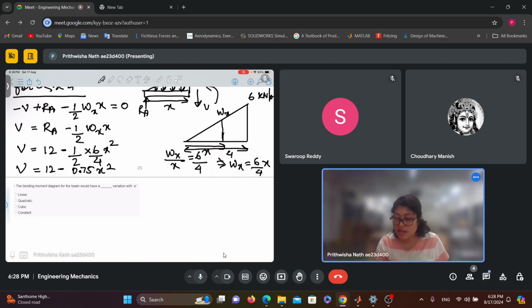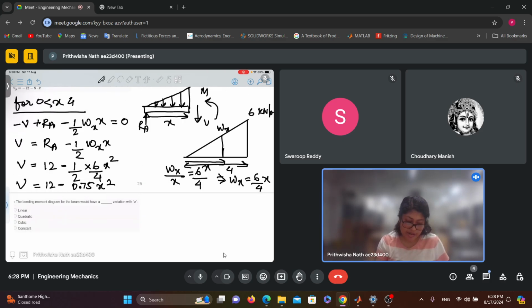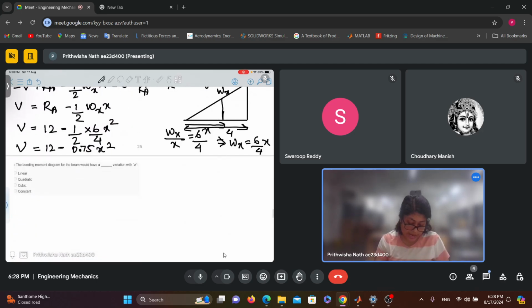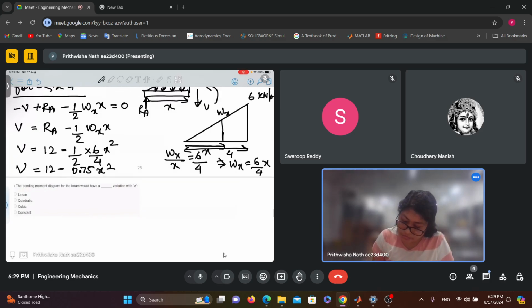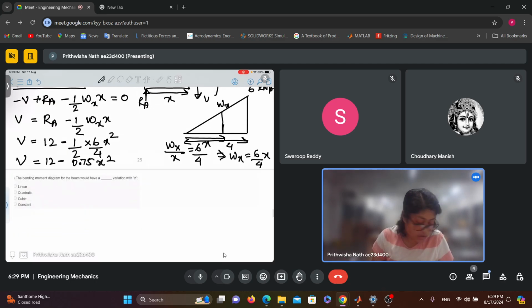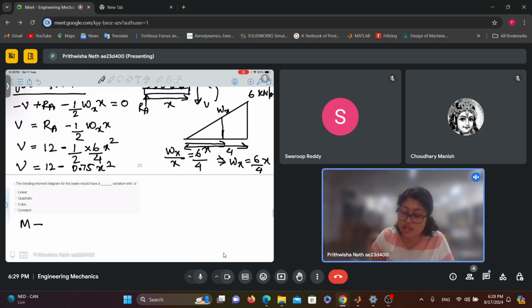Now V is this. How can I find? Now similarly I need to find M, right? So writing equation for M. So M is causing an anti-clockwise movement. So plus M minus RA is causing a clockwise movement.